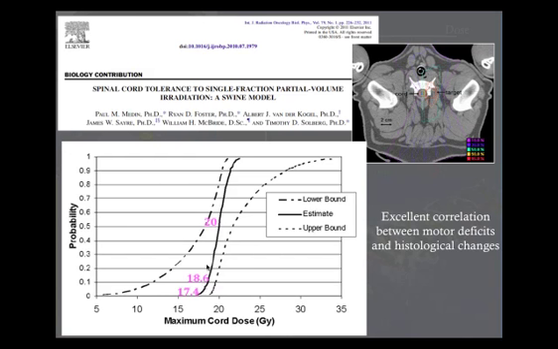And if you increase only 3 gray to 20 gray, you have 50%. That's the ED50 that radiation oncologists talk about, of triggering that. Now, unfortunately, the confidence intervals are very large because this is animal data and he had only 4 animals per group.